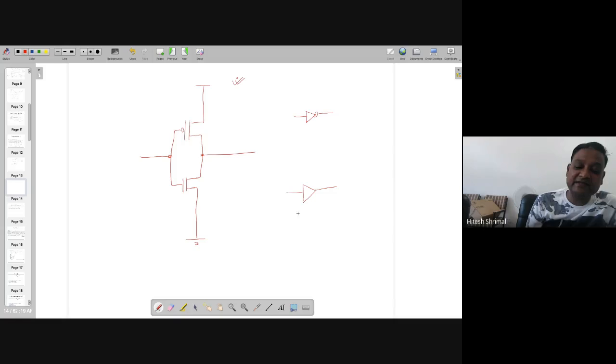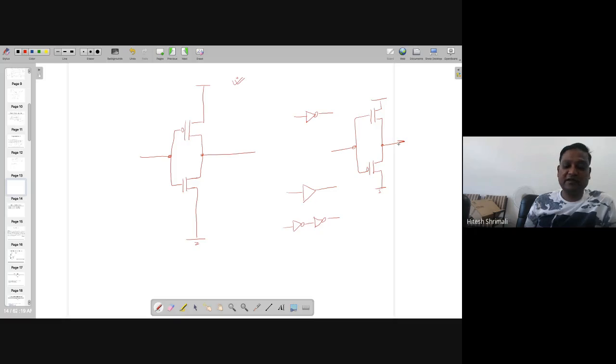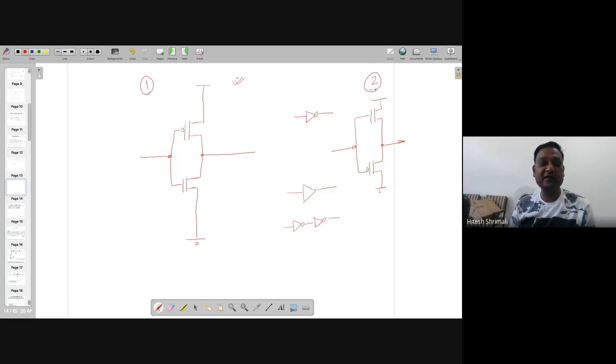In that case, what I'm going to do is keep two inverters back to back. I could have done something else than this one. I could have done this one, right? Reverse of this. But here there are two different circuits with two different outputs. One is inverter, one is buffer.